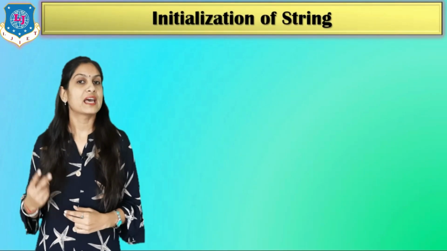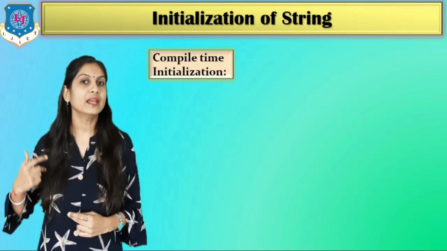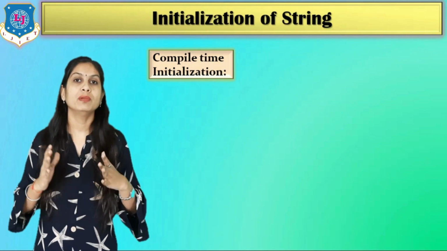There are two different methods, as we discussed earlier: compile time and run time. When you choose the compile time method, your value will be fixed.